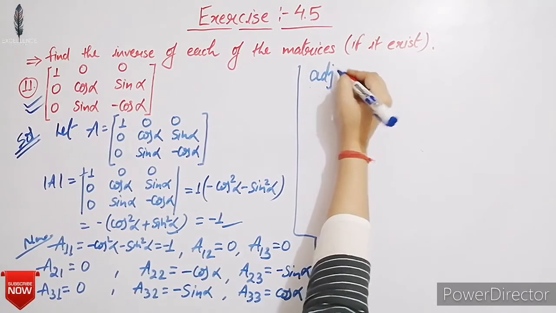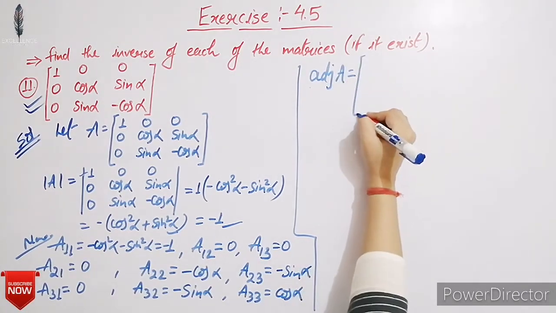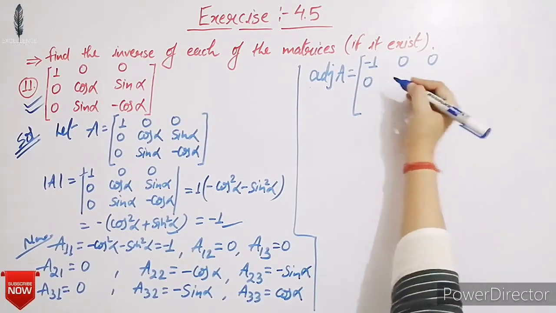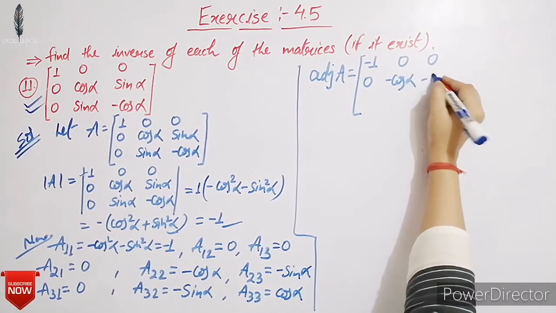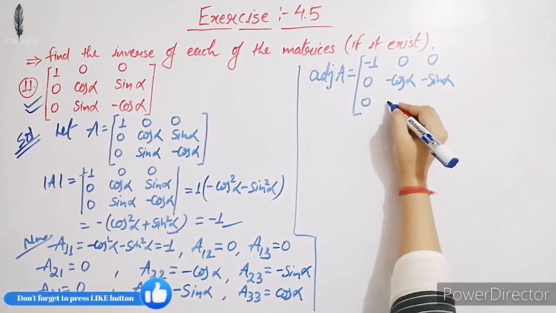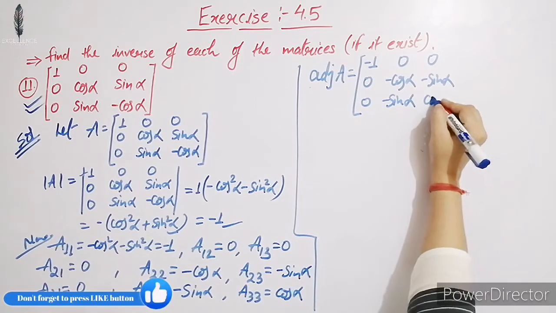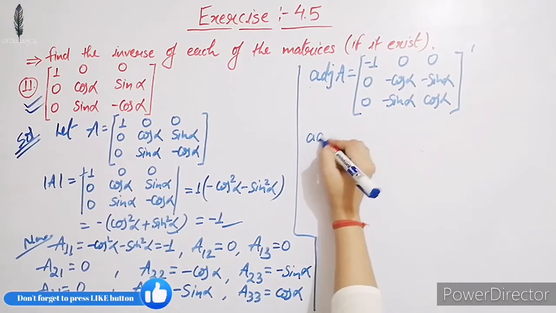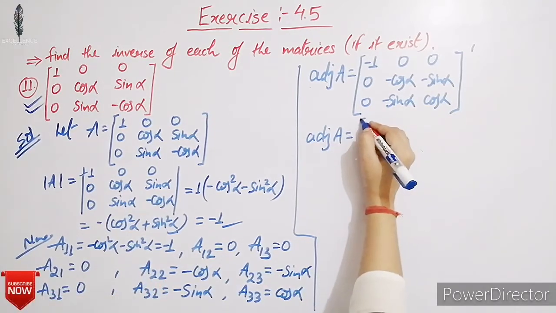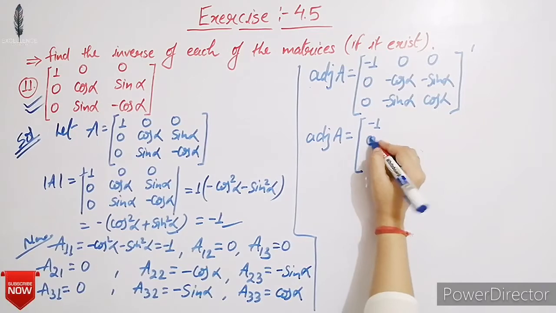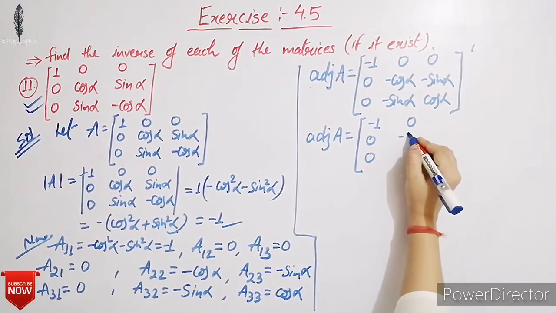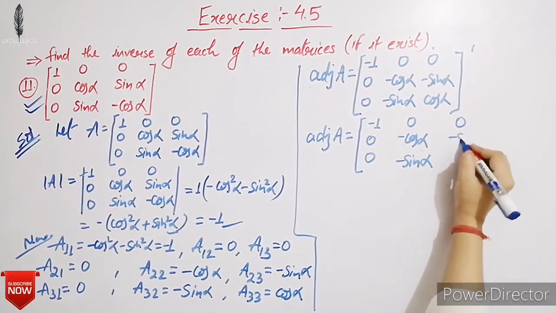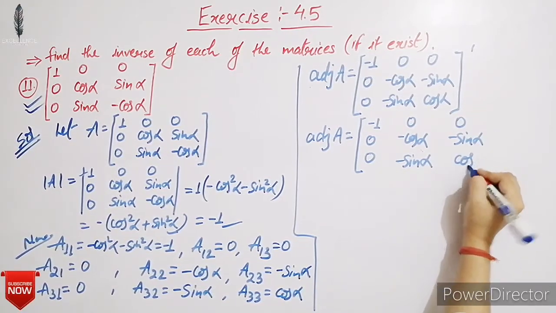So here the adjoint of A is equal to the transpose of the cofactor matrix, that is [-1, 0, 0; 0, -cos alpha, -sin alpha; 0, -sin alpha, cos alpha], and its transpose. So it is equal to, rows are changed into columns. So here -1, 0, 0, then 0, -cos alpha, -sin alpha, and the third column is 0, -sin alpha, cos alpha.